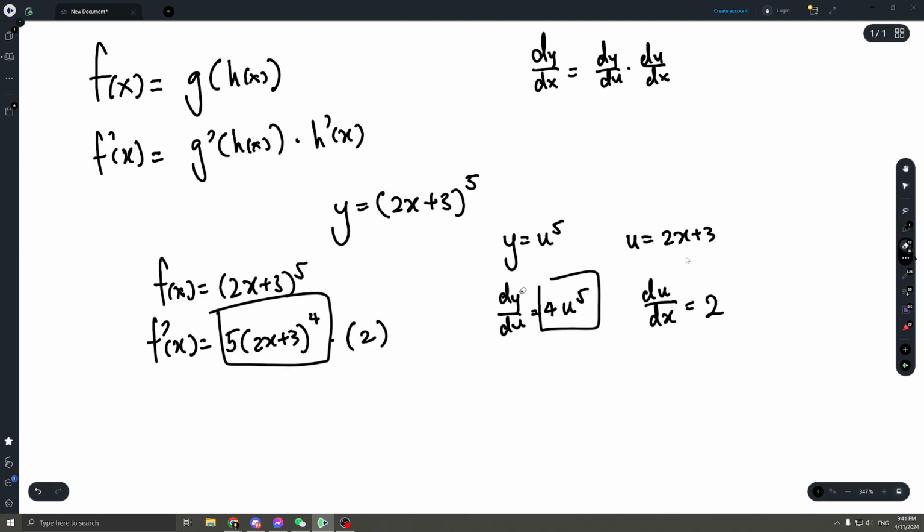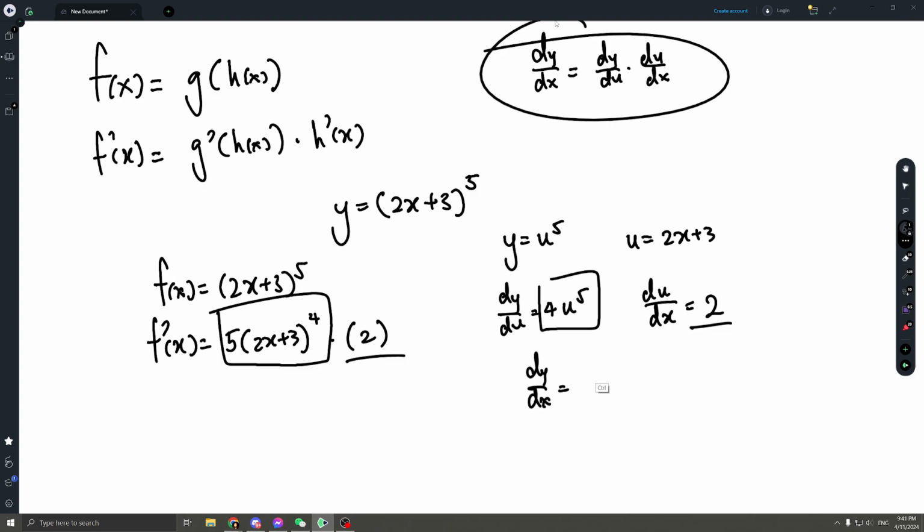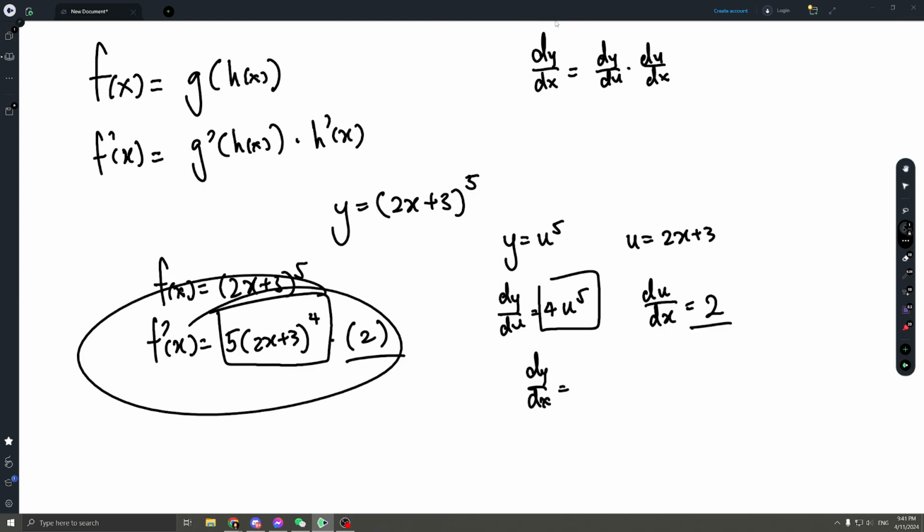Where if I ignored this thing, they have a very similar structure, where the u represents the inside function, and then the 2 at the back is the derivative of the inside function. And then again, just following the formula that I've stated up here, you multiply them together to get obviously the same answer as this. So yeah, two ways of thinking about it.